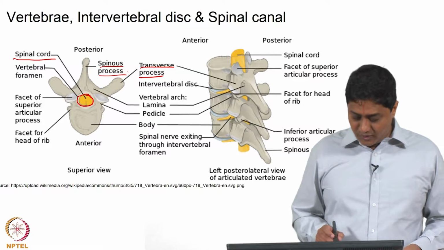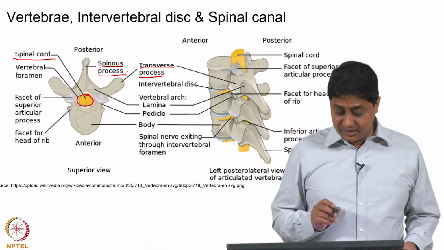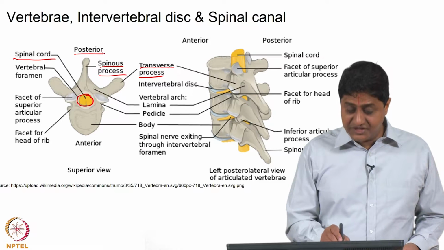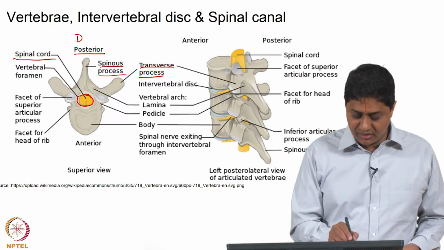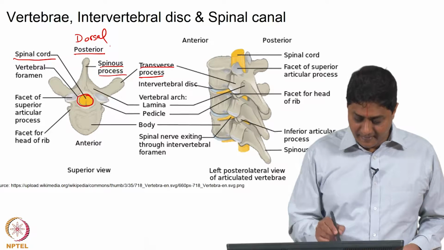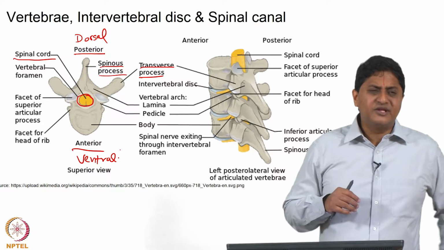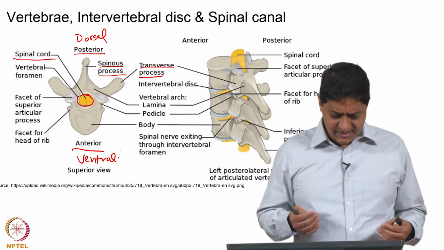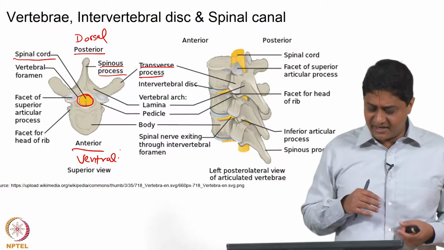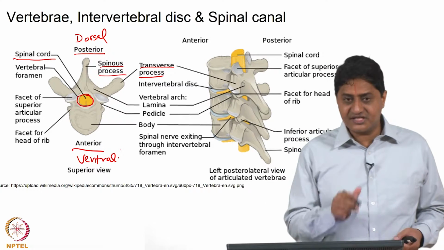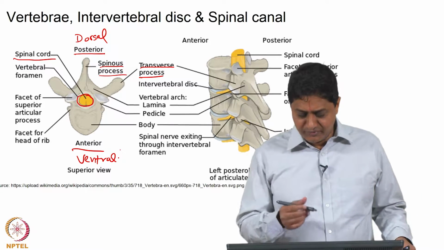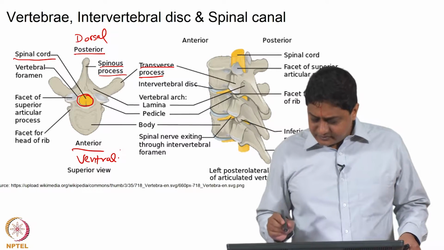And note how this is looking. This is the posterior side or the dorsal side, this is the anterior side or the ventral side. The back side is called the posterior side and the front side is called the anterior side. Please check this terminology for more clarity, okay.